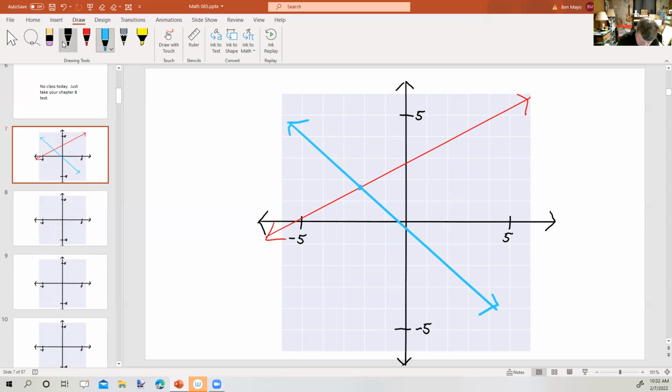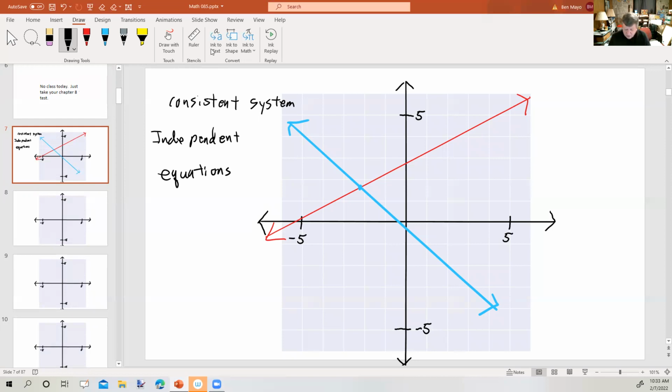This is known as a consistent system, meaning that it has a solution, and we say that it has independent equations. All right, so the system is consistent, meaning that it has a solution, and the equations are independent of each other. All right, that's one situation where the two lines intersect at a single point.